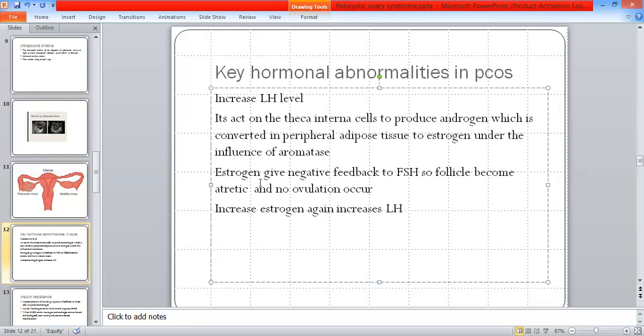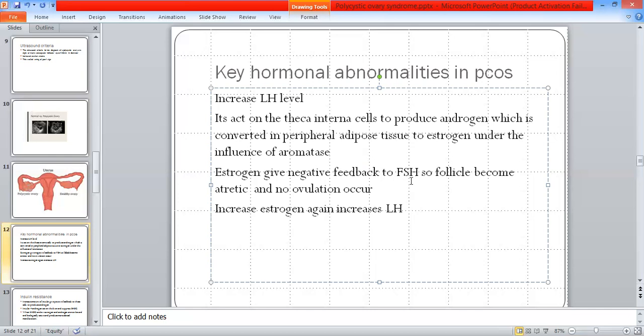When there is an increased amount of estrogen, this estrogen gives negative feedback to the follicle stimulating hormone, so the FSH level decreases.